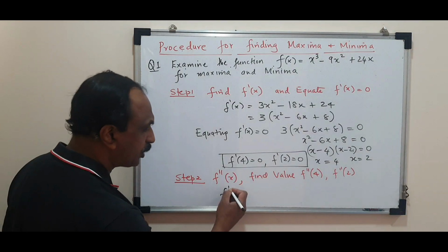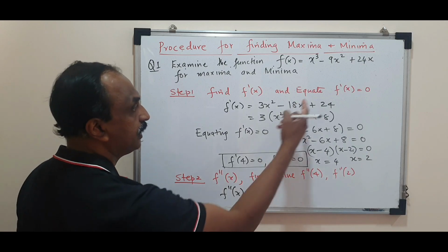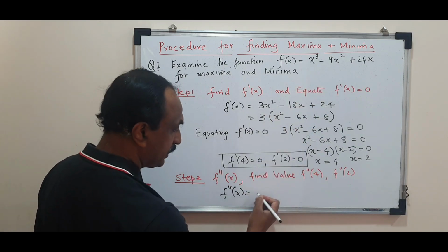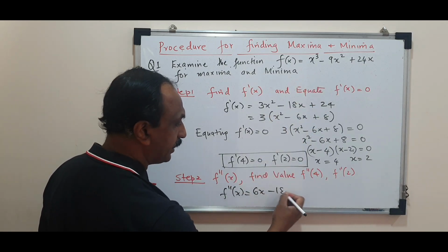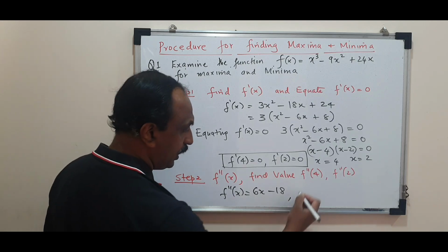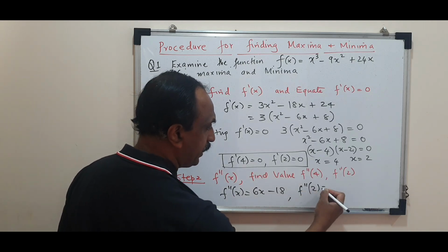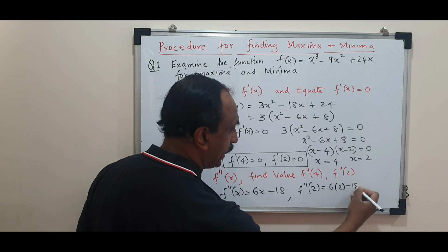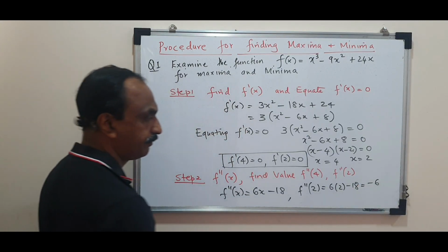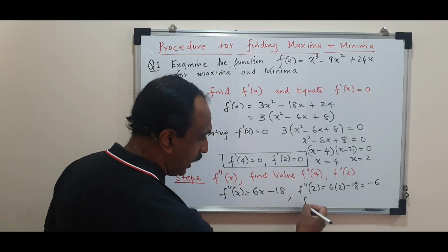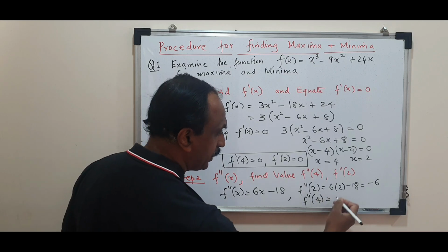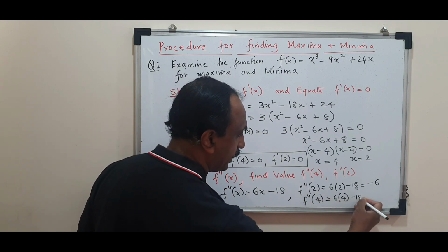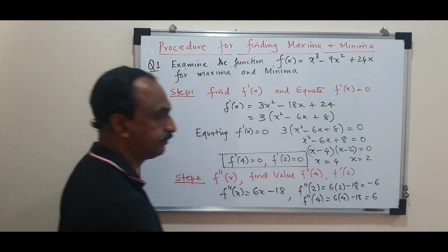So f double dash of x, first of all, find the second derivative, is 6x minus 18. So f double dash of 2 will be 6 into 2 minus 18, which is 12 minus 18, that is minus 6. F double dash of 4 would be 6 into 4 minus 18, which is plus 6.